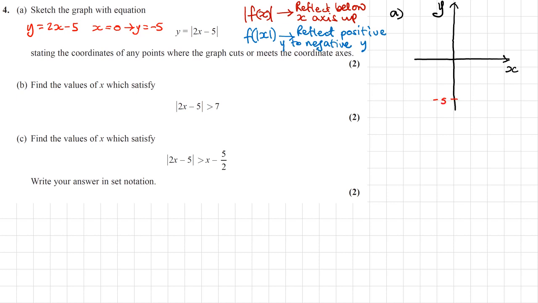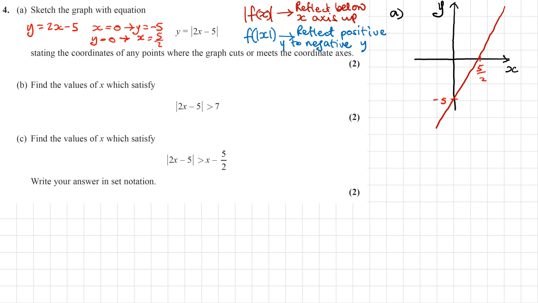And if I make y equal to 0, that will give me 2x is equal to 5, which becomes x is equal to 5 over 2. So that line is going to cross the x-axis at 5 over 2. The original line, y equals 2x minus 5, is going to look like this.